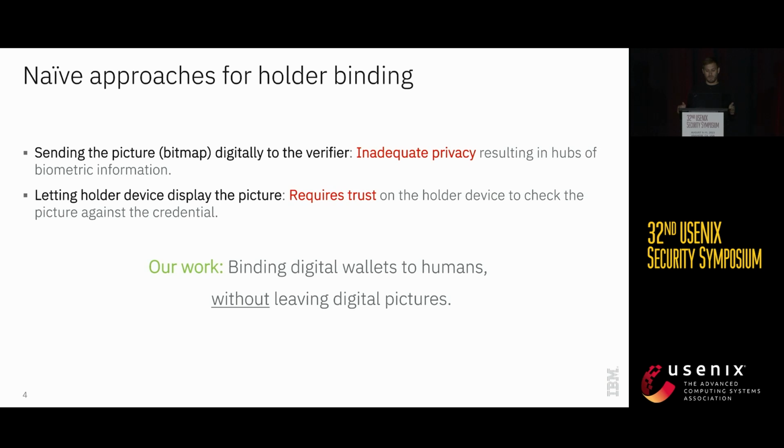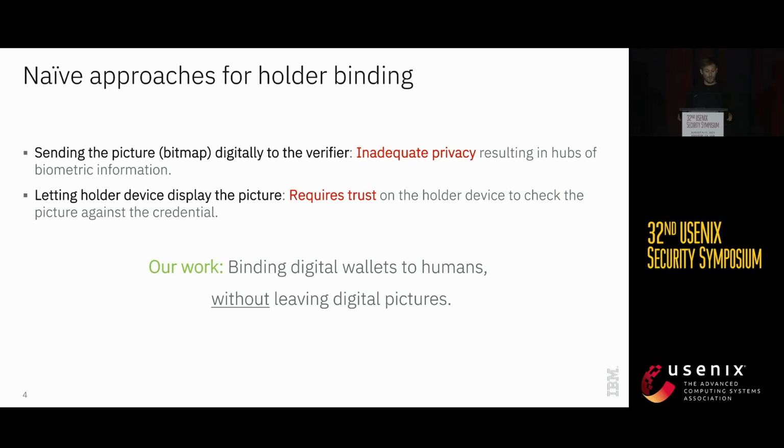With this method, we have a problem of privacy because the verifier receives a picture and can store it, and this picture must also be stored somewhere else, so we will have a centralized place where all the identification information is, and that's not very good. The second is to let the holder of the pass show the picture. But in this case, we need to trust the device of the holder, and that's also not particularly good.